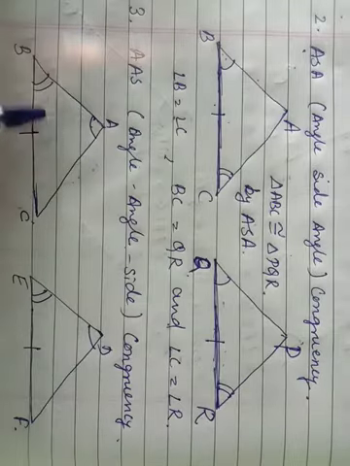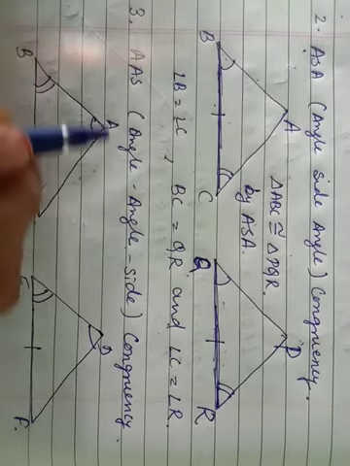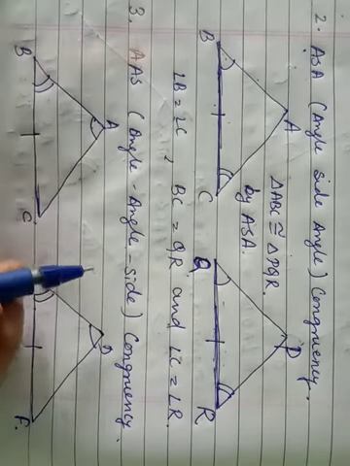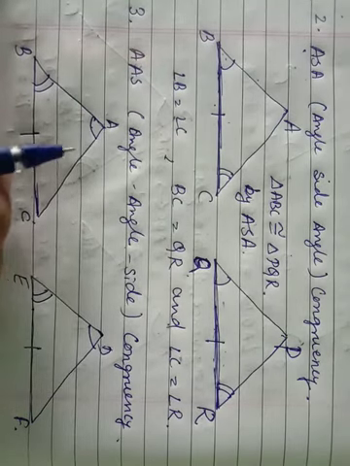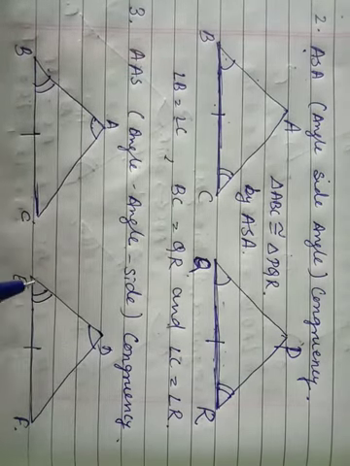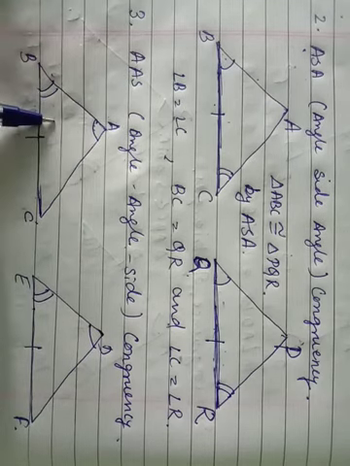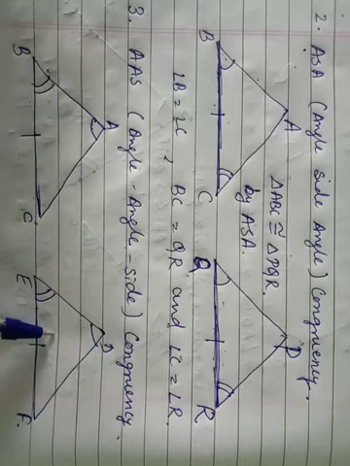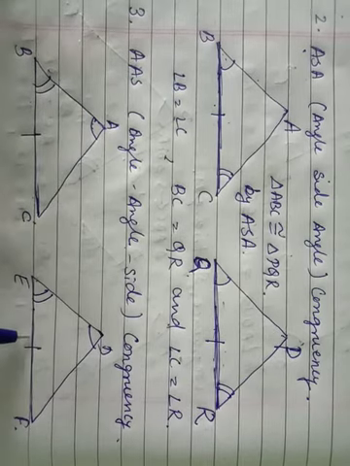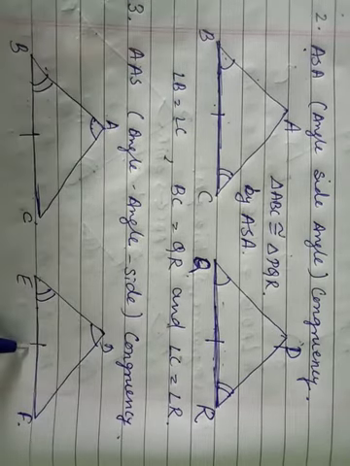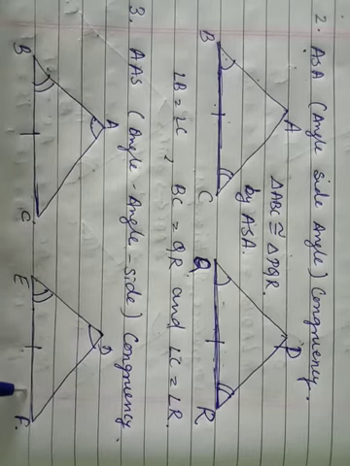Now the third congruency, angle angle side congruency. So if any two angles and a non-included side of one triangle are equal to the corresponding angles and the side of another triangle, then the two triangles are congruent.